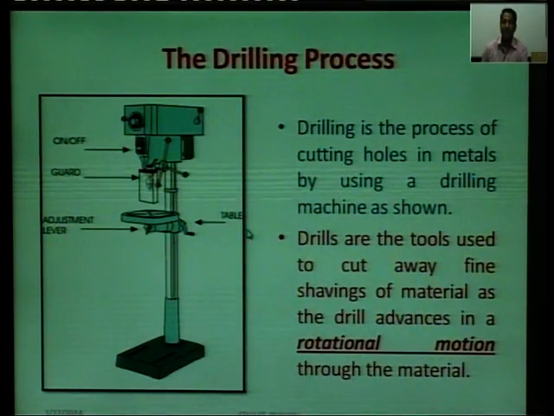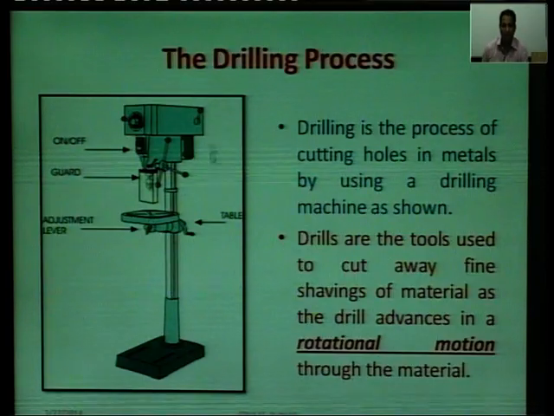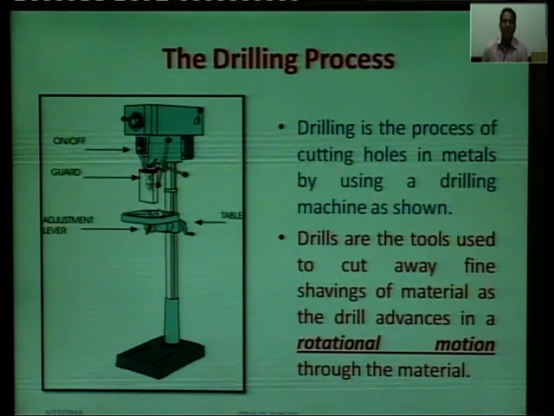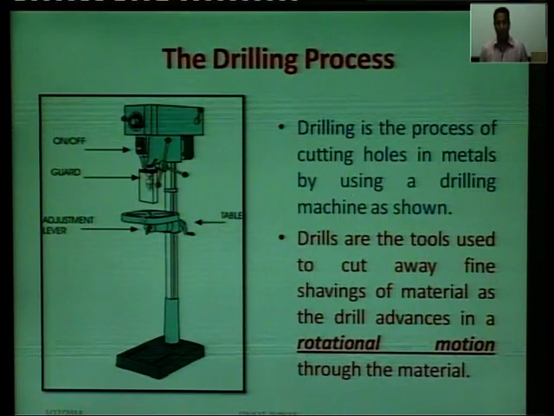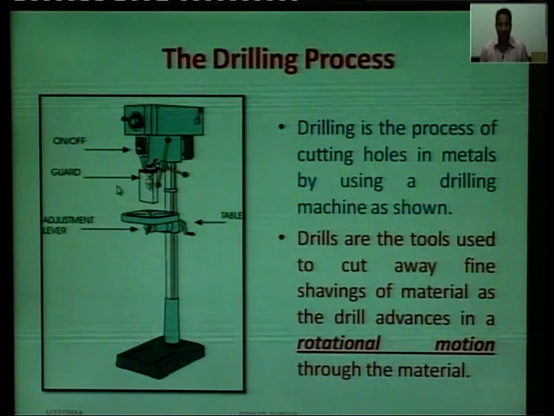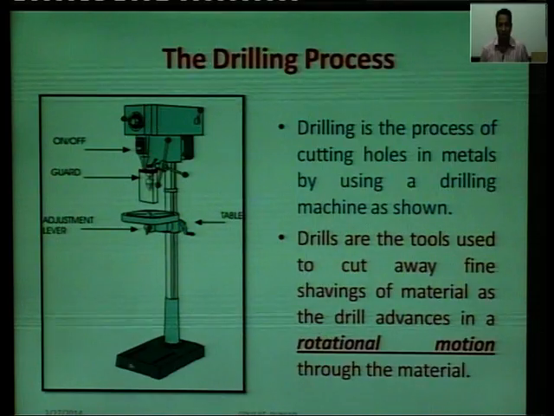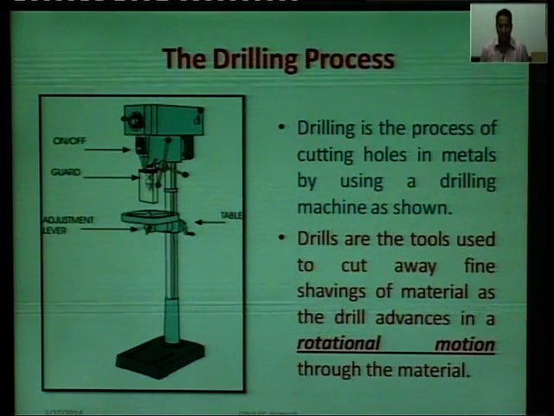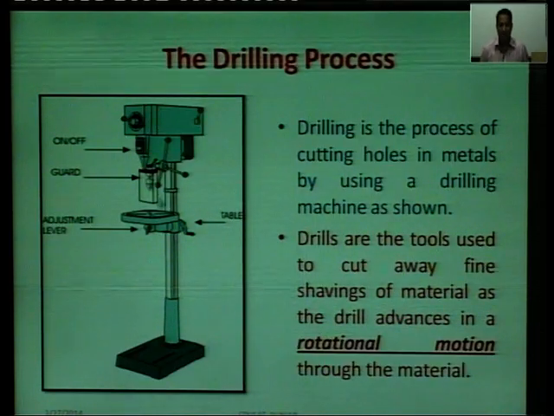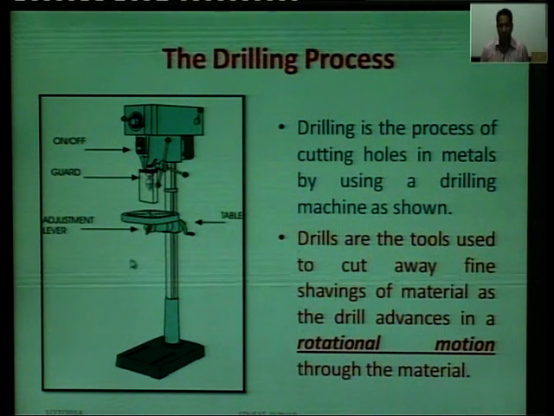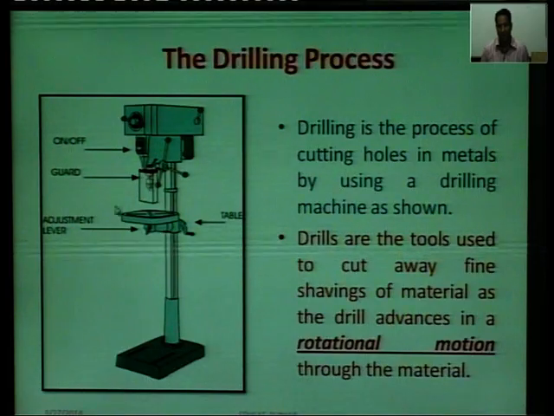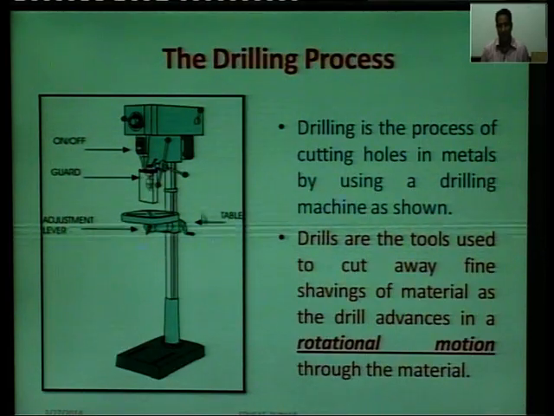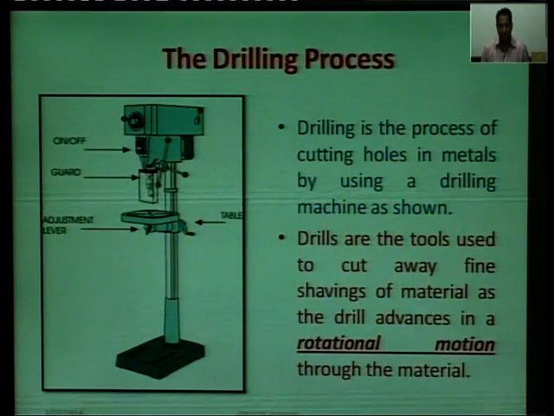Drilling is the process of cutting a hole, and you see in this figure, this is a drilling machine. Drills are the tool. This is a drill, this is the top head, this is the bottom head, and this is a table. We can adjust this table up and down, and we can swivel and rotate this table. In drilling, drills are mounted here.